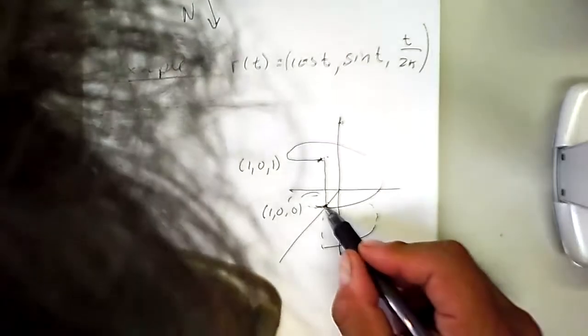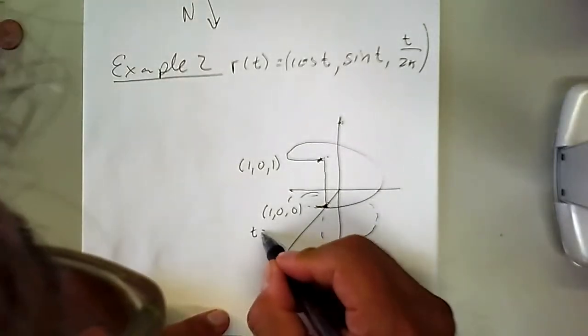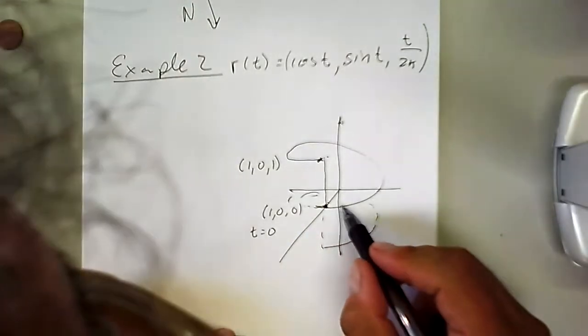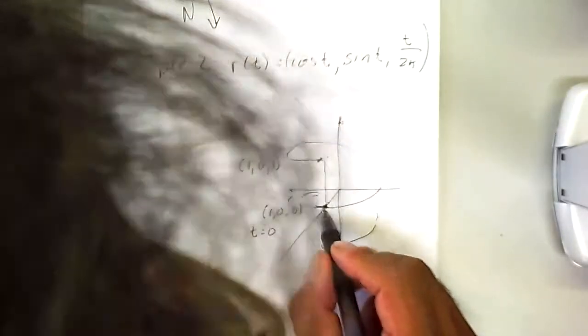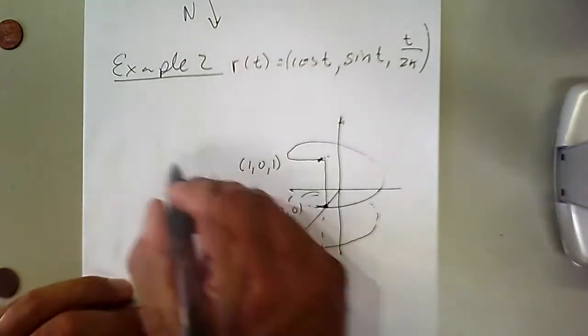All right. So this position happens when t is equal to 0. The unit tangent vector, although it doesn't take that long, so I might just as well do it.